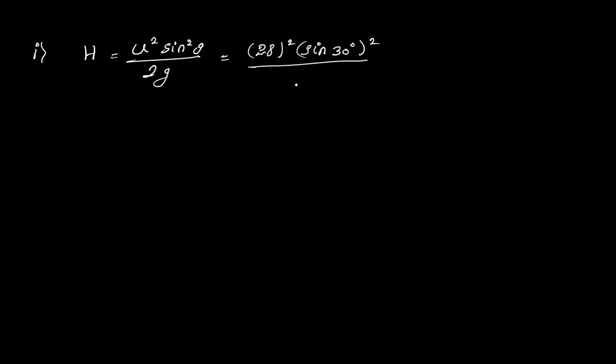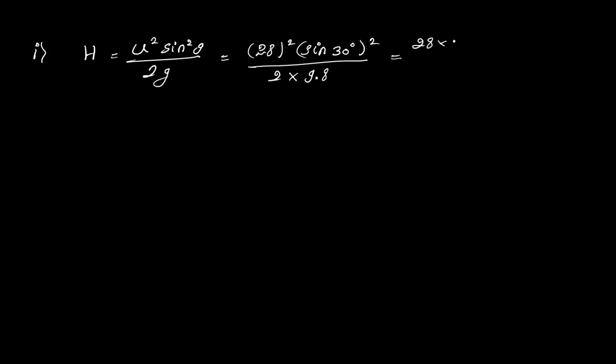The maximum height is u square sine square theta divided by 2g. So u value is 28, sine square theta, so it is sine 30 degree the whole square, divided by 2g. The g value I'm taking 9.8. So solve for this.